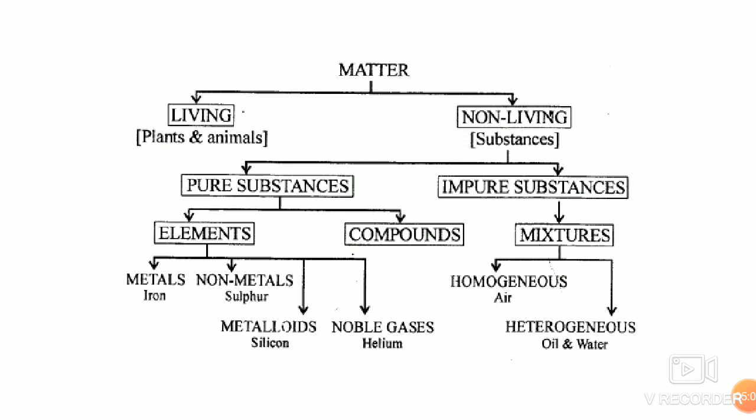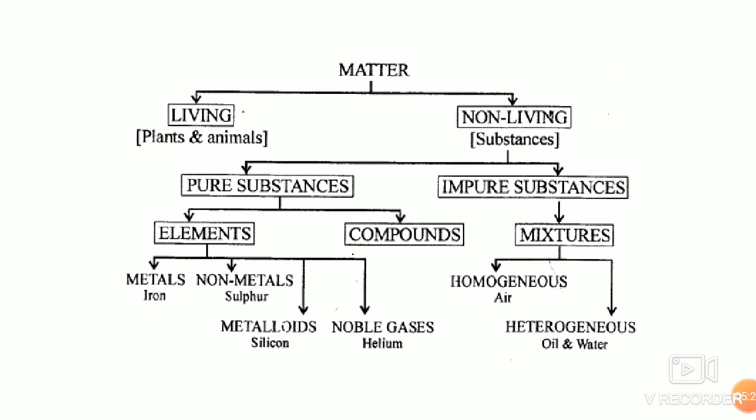Matter can be classified as living also, non-living also. When we go by the living part of matter, we are dealing with the branch of science known as biology. When we deal with the non-living part of matter, we are dealing with either physics or chemistry, right?